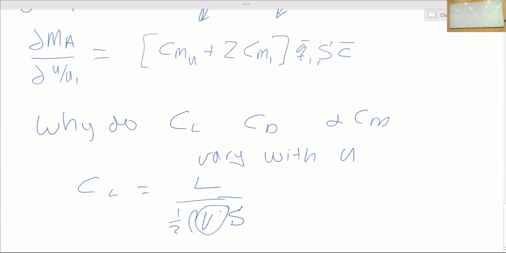We actually said this last time or the time before. You remember why we said varying U changes CL, CD, and CM? We know it changes the dynamic pressure, and we included that part, but why do we have CMU, CLU, and CDU?